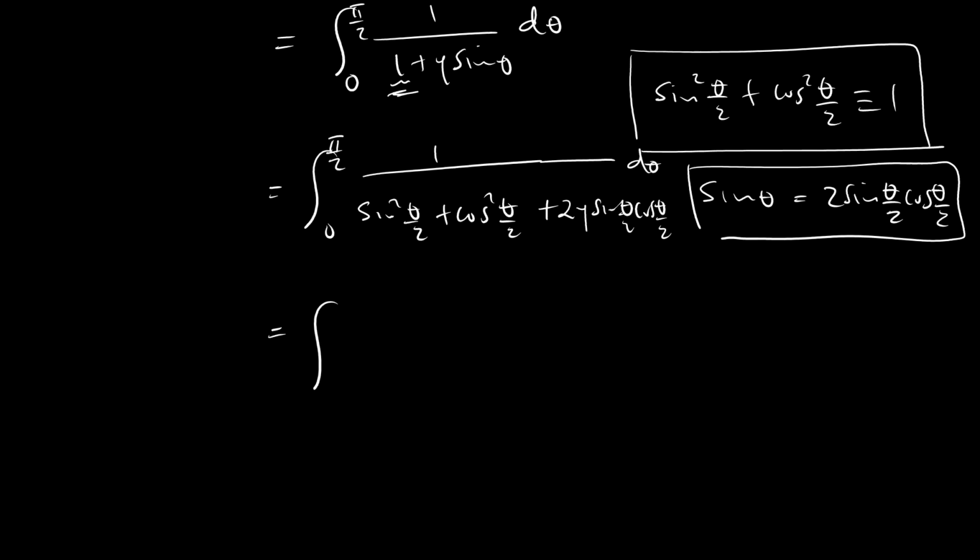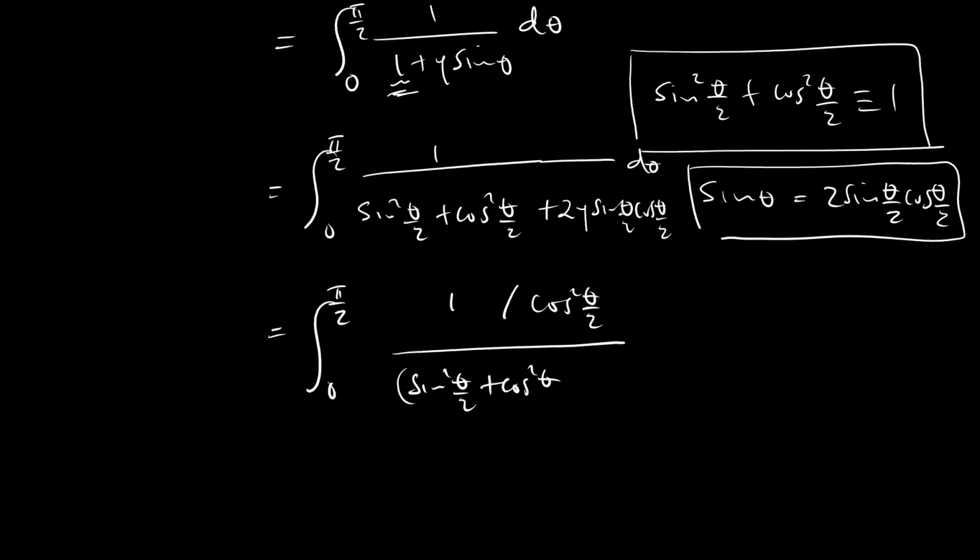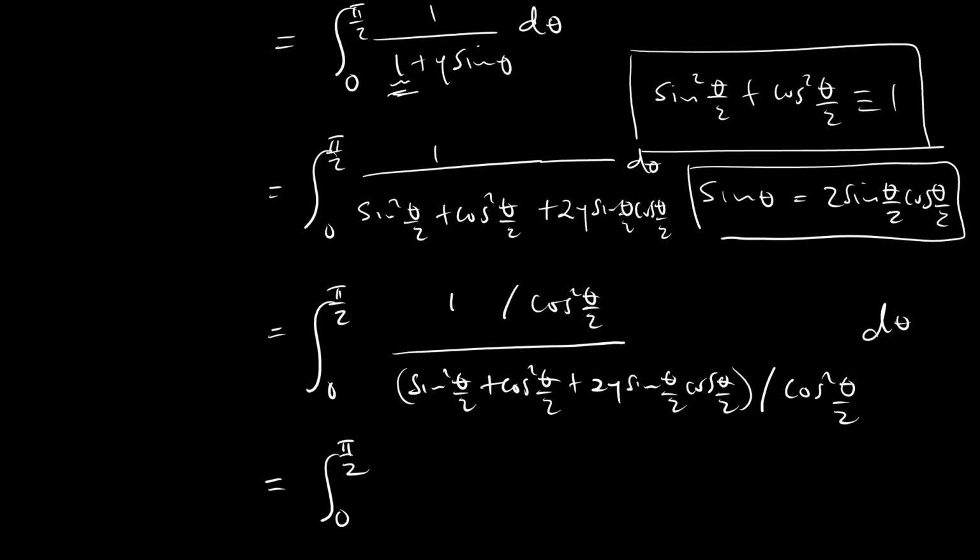So we have 1 divided by cosine squared theta over 2, and the numerator becomes sec squared theta over 2.